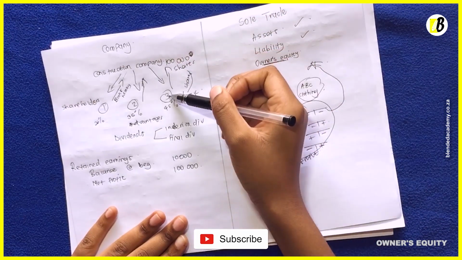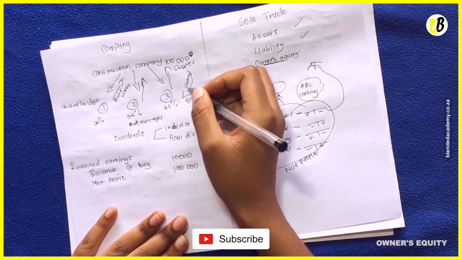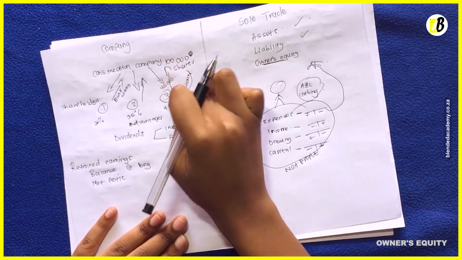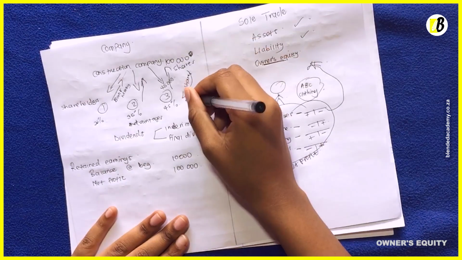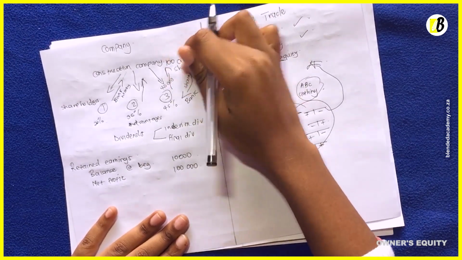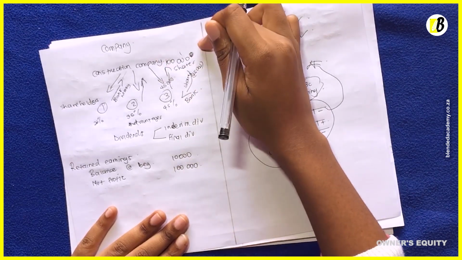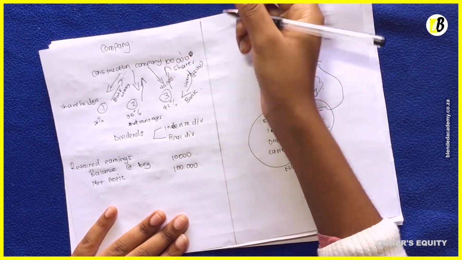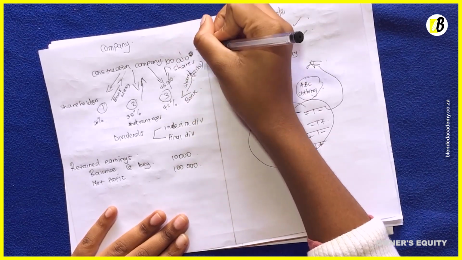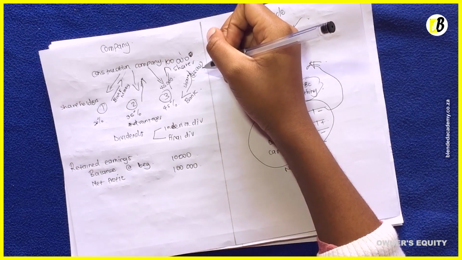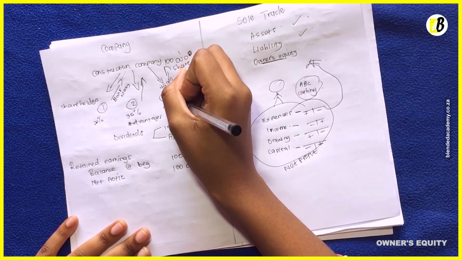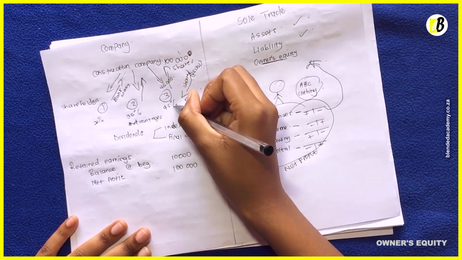Say maybe this person owned 45%, which is 45,000 shares, and now they're selling all these 45,000 shares back to the company, which is a decrease in the number of shares which were issued, a decrease in this 100,000. So now we're going to reduce the ordinary shares that we have issued by 45,000, which has been bought back. So the business is going to have an outflow of money to this shareholder and an inflow of shares from this shareholder.